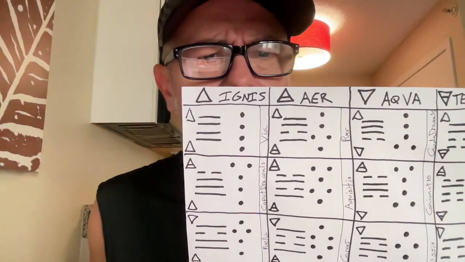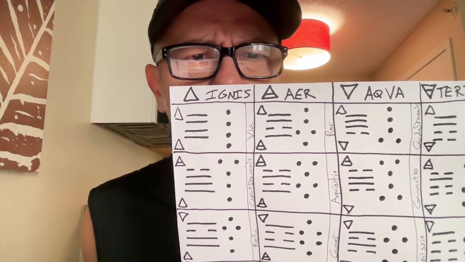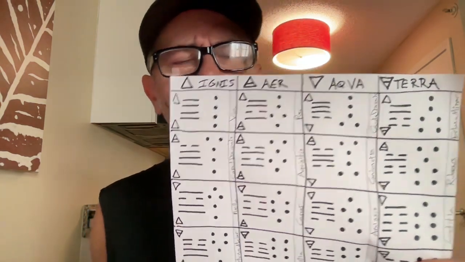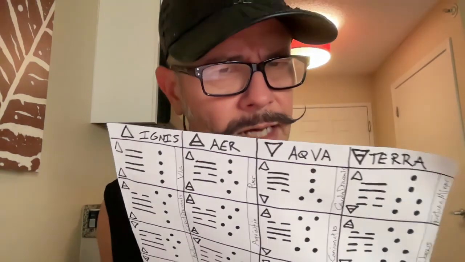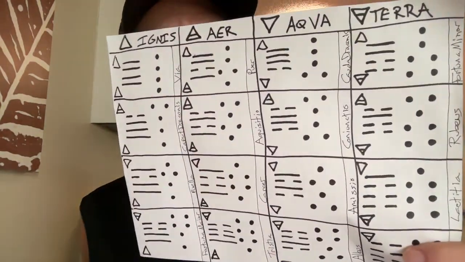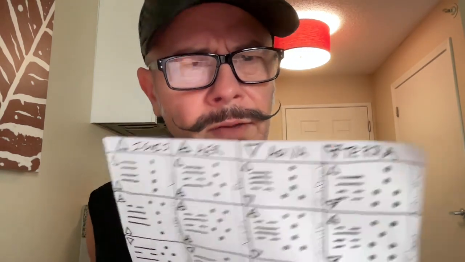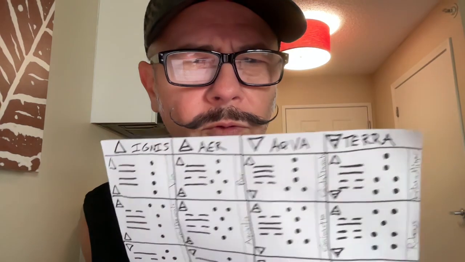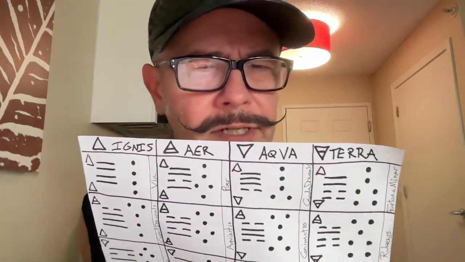Because it's just the 16 permutations of the elements. And I can do them now, and it's logically arranged from yang to yin. So that's why with the binary system, you cannot go father, mother, son, daughter, because you can't have the mother before the son with this special order of the binary system.